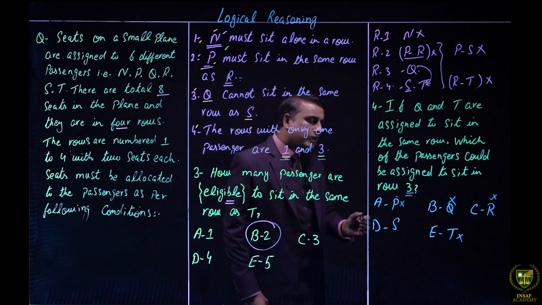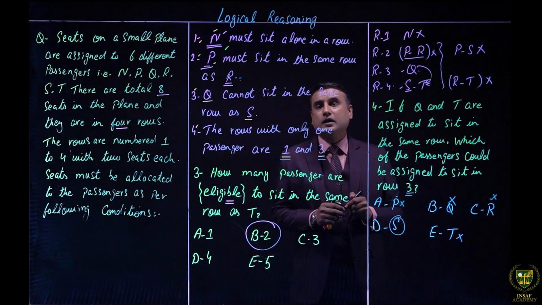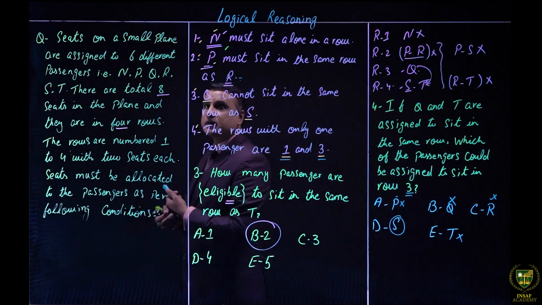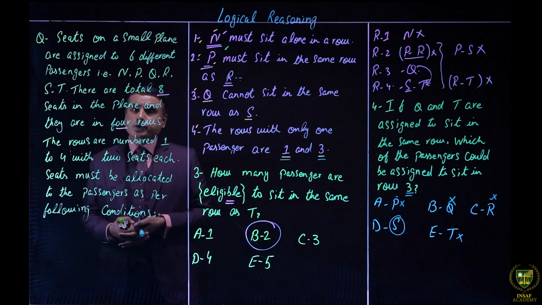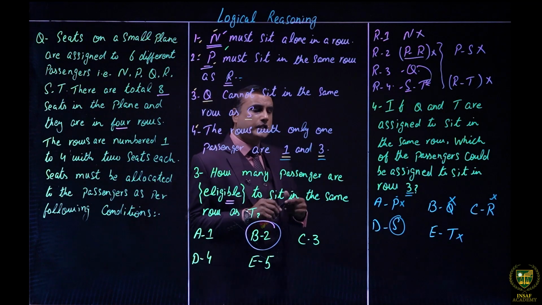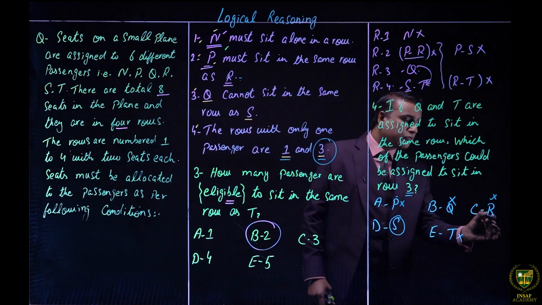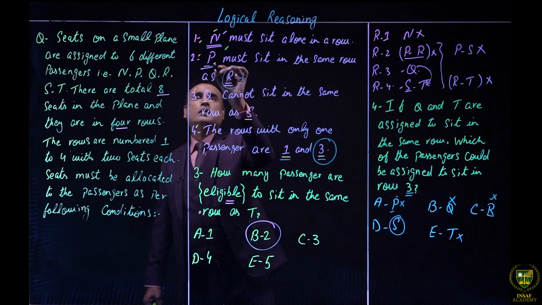So that is why, without any doubt, our correct option will be option delta, that is S. S will be assigned to sit in the third row because we know that in third row we can only accommodate one passenger, and if we go for P or R, they will go in pair.